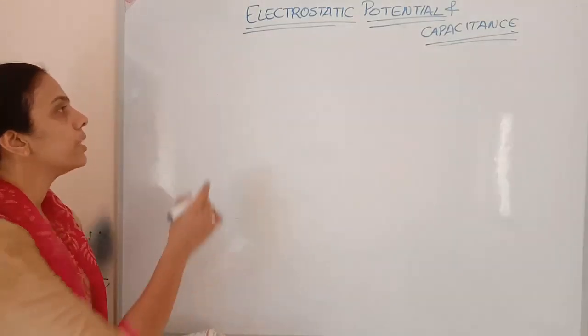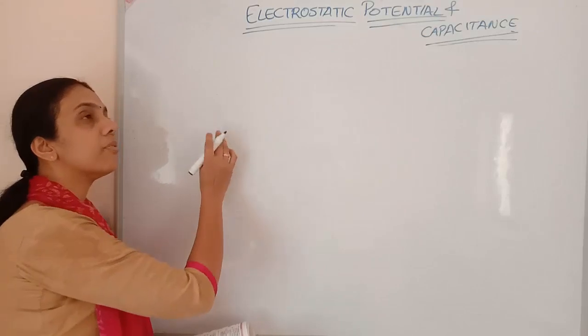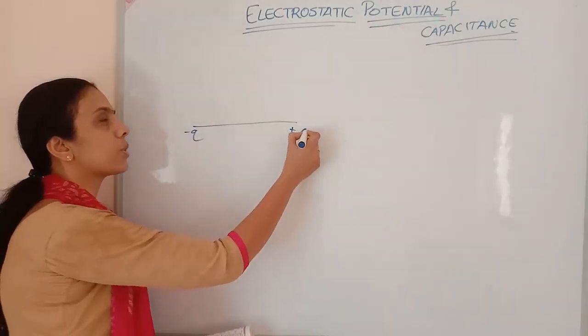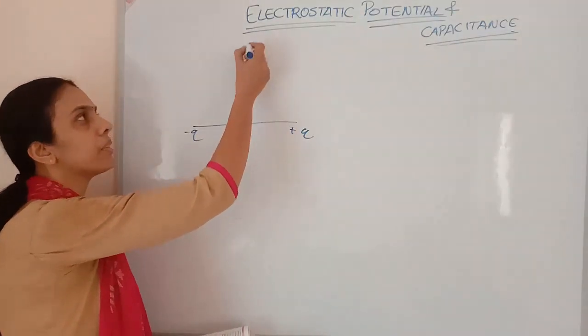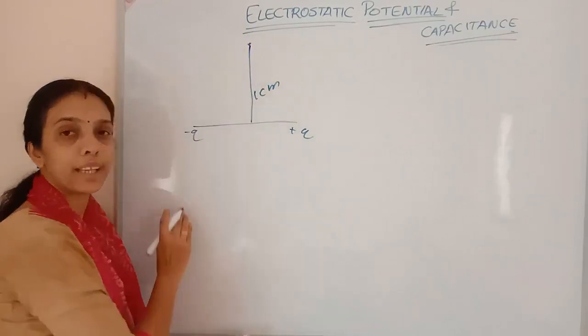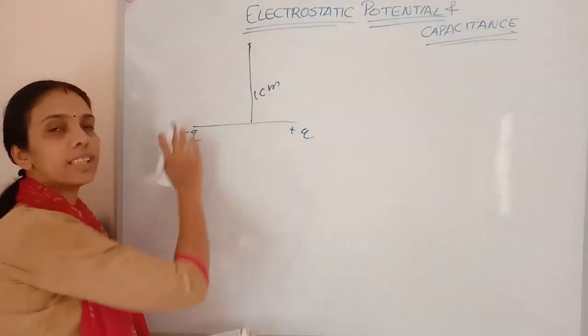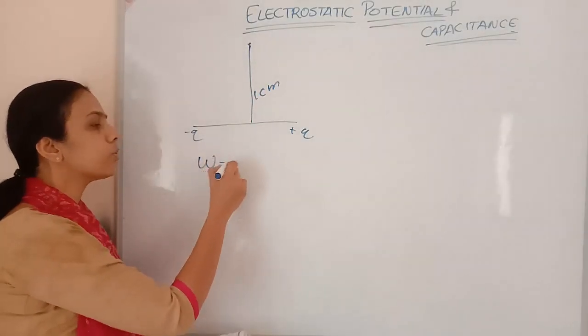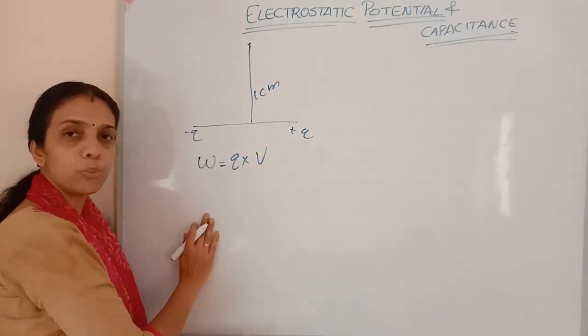To find the work done, we can use Q into potential.